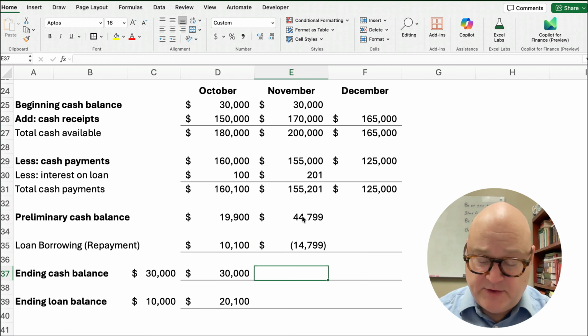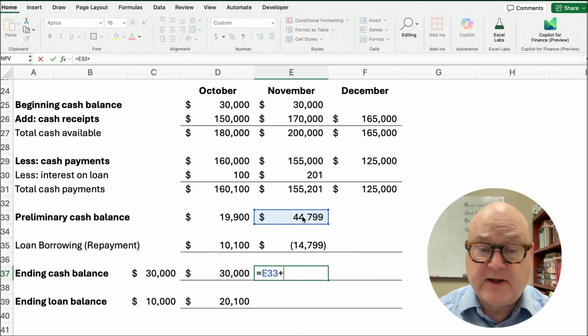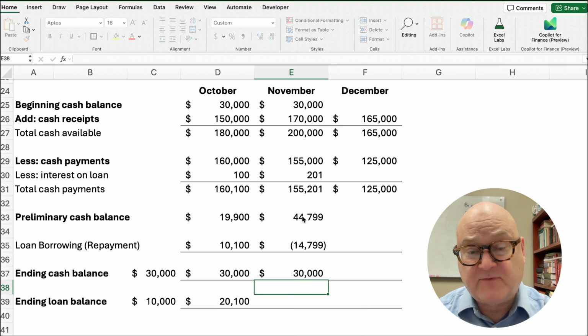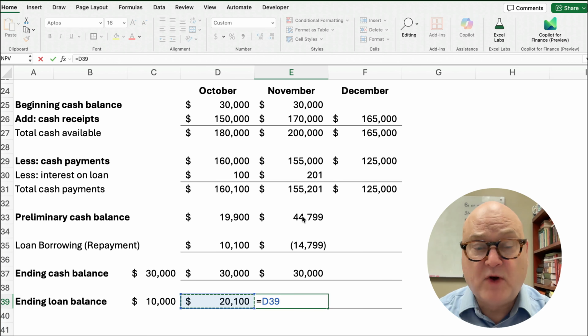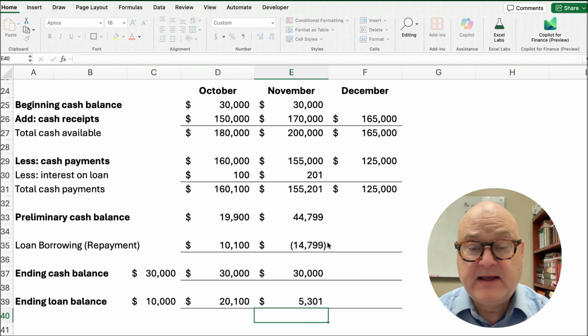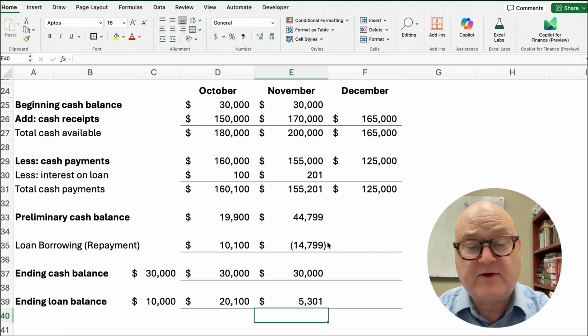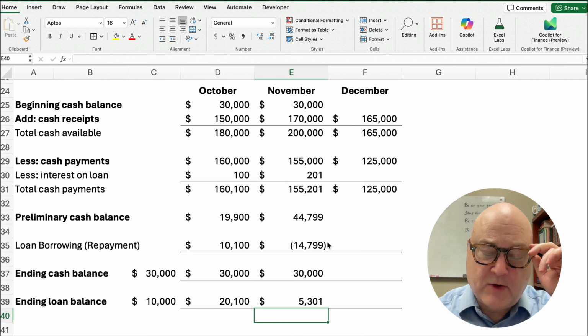What would that do to our cash balance? Our cash balance would be 44 minus the 14, right? And that's 30,000. What would our loan balance be? Our loan balance would be 20,100 plus the negative 14. And so what happens is our loan balance goes down from 20,000 down to 5,301.